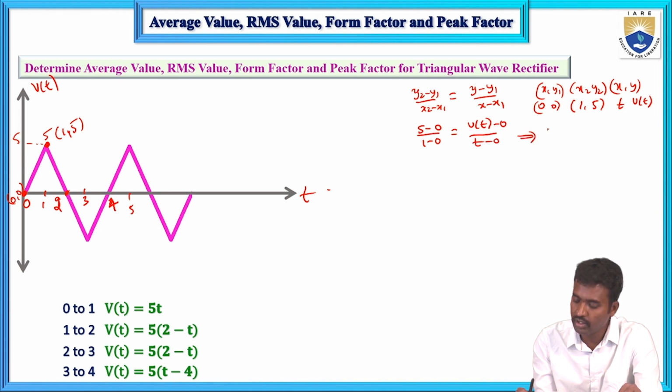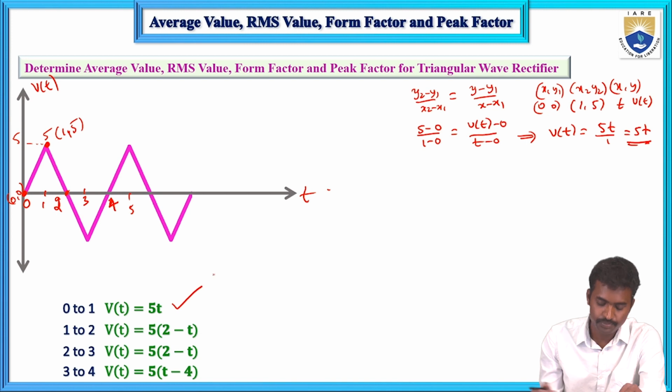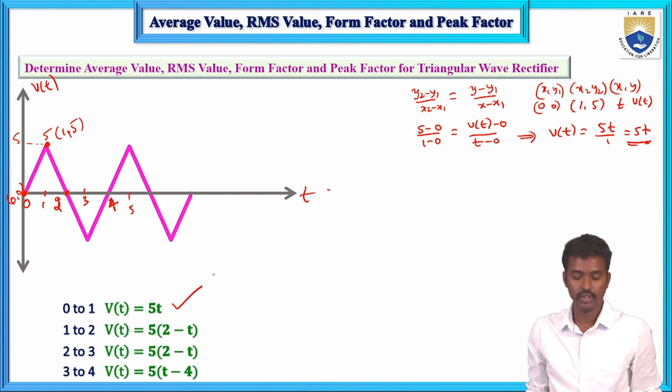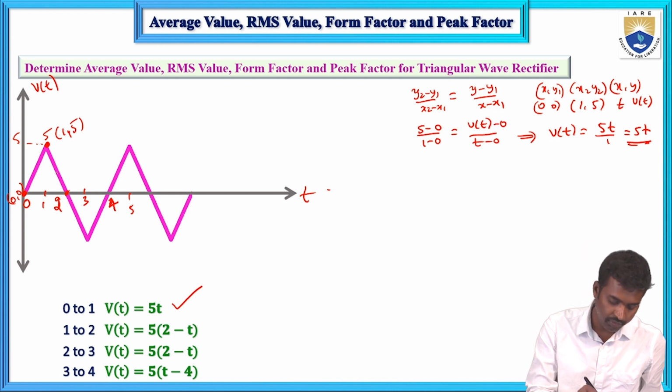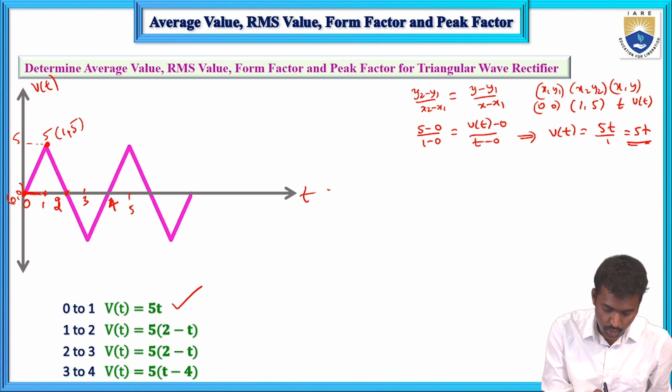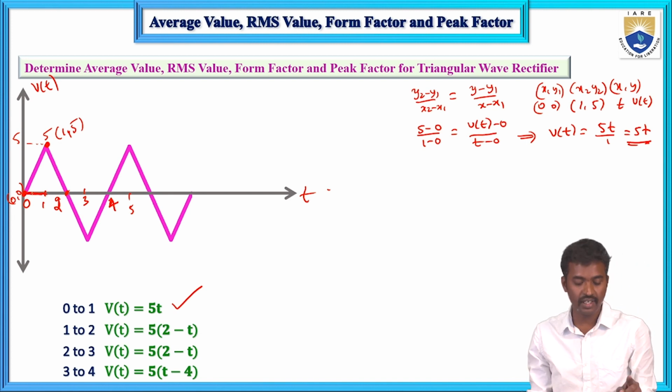If you simplify this, v of t equals 5 times t divided by 1, which equals 5t. This is the straight line equation between the interval 0 to 1, a straight line passing through the origin and the point 1 comma 5.